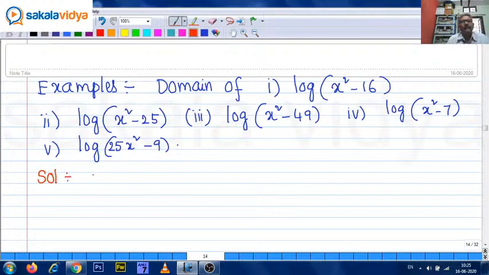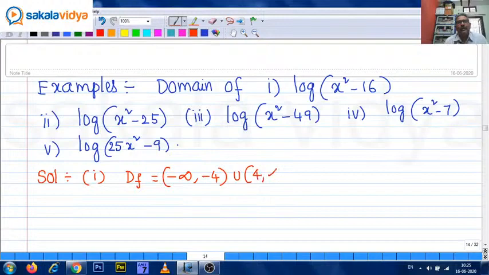Solution. First one, minus infinity to minus 4 union 4 to infinity. Second, minus infinity to minus 5 union 5 to infinity.